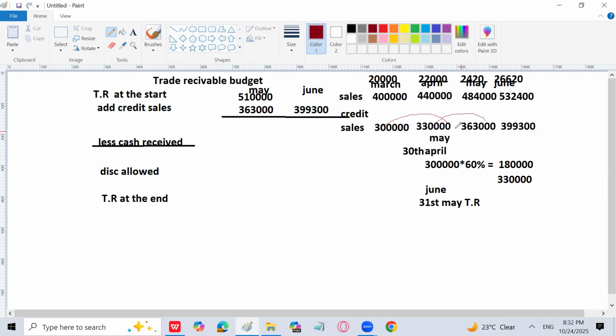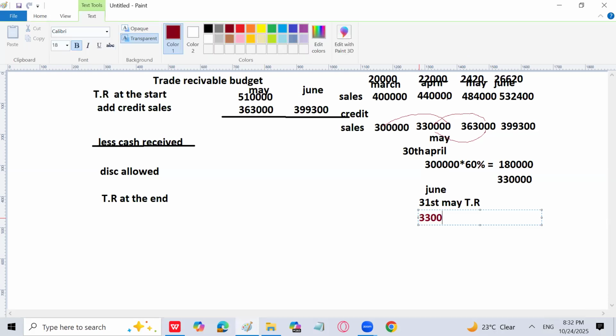Now let's talk about April. Out of April sales, 40% has paid in May, and the remainder is not yet paid. They are supposed to pay in June. So on 31st May, they are still our trade receivables. So 3,30,000 multiplied by 60% is going to be the trade receivables from April sales.